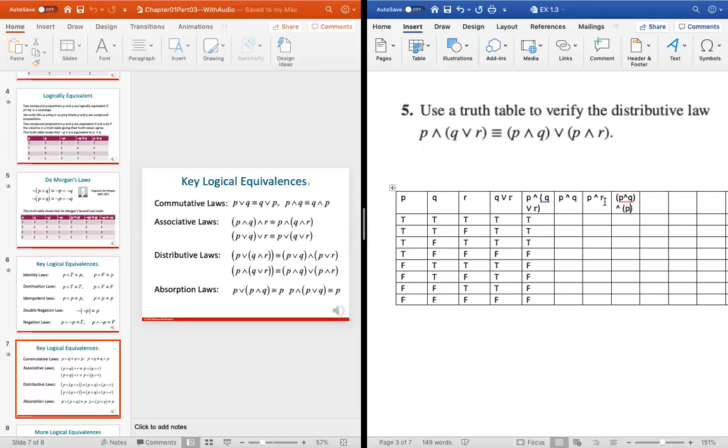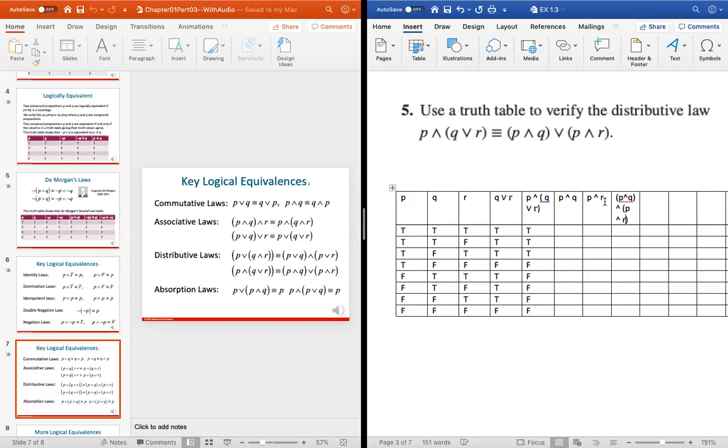Put an end there, P and R. The other one, or. After the bracket. The middle. Here. Middle. Symbol. Okay.